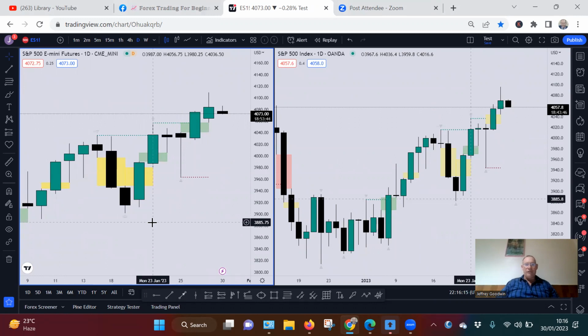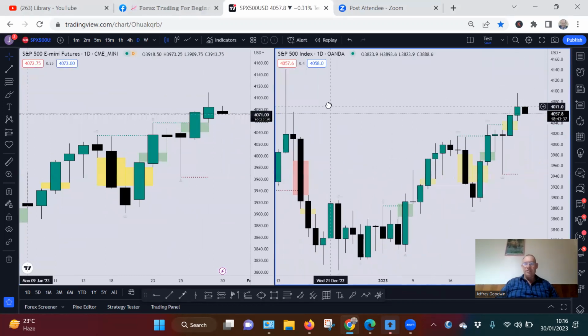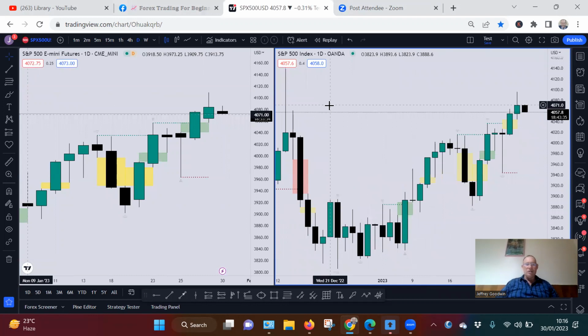What's really good when you look at the futures and compare it to normal, let's just call it Forex indices, you can see there are slight differences.